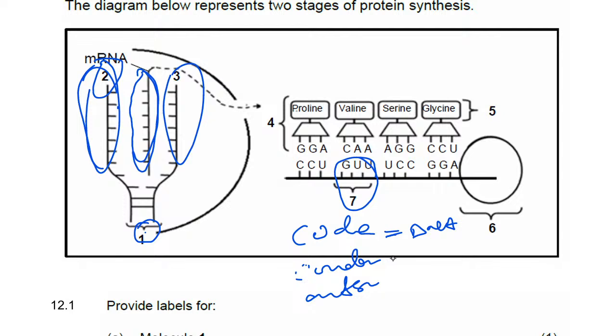Codons in the mRNA. tRNA. They are codons. They are anticodons.